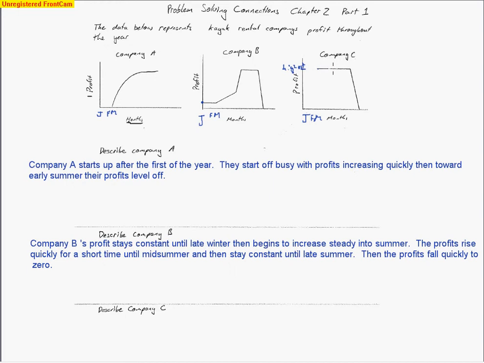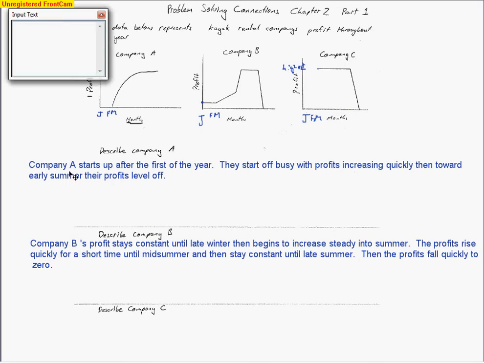So they probably have loyal customers, and they probably don't need any other customers, they figure, so they like what they have, and they're pretty happy with it. They've got a good business, so it stays very profitable up through maybe late summer, and then just drops down to 0. So they probably rent out a little bit and then eventually just kind of close up shop towards the end of the year. So that's what we're going to end up talking about here. And so let's take a look at that.